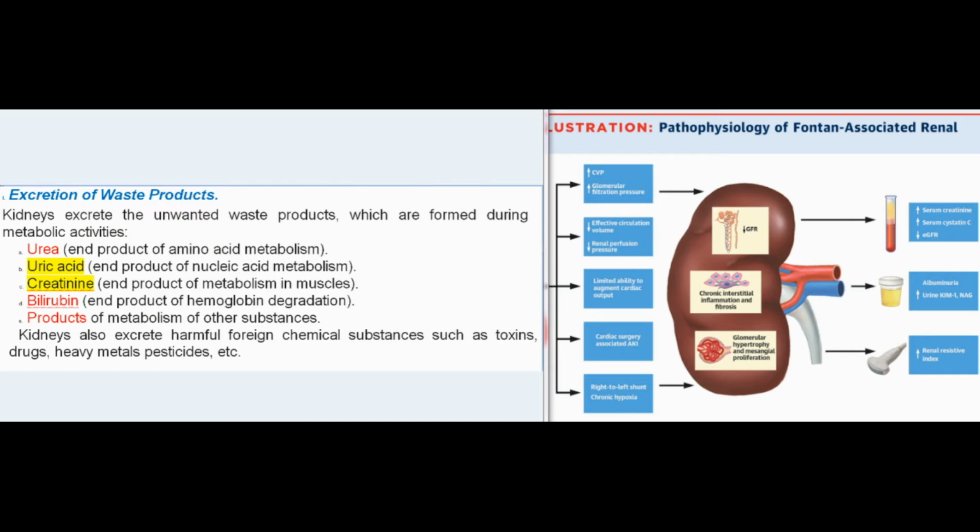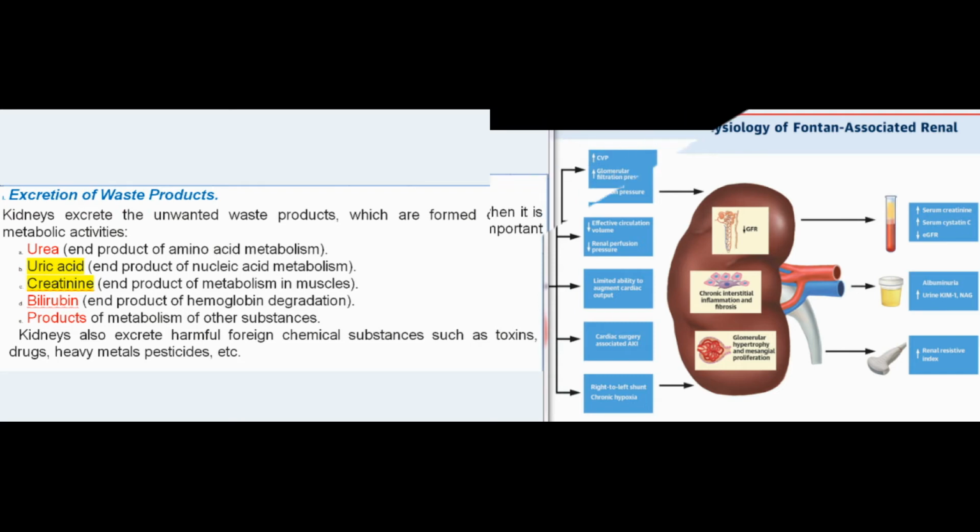Kidneys excrete the unwanted waste products, which are formed during metabolic activities: urea, end product of amino acid metabolism; uric acid, end product of nucleic acid metabolism; creatinine, end product of metabolism in muscles; bilirubin, end product of hemoglobin degradation; products of metabolism of other substances. Kidneys also excrete harmful foreign chemical substances such as toxins, drugs, heavy metals, pesticides, etc.